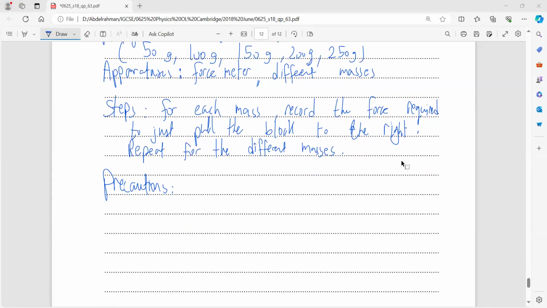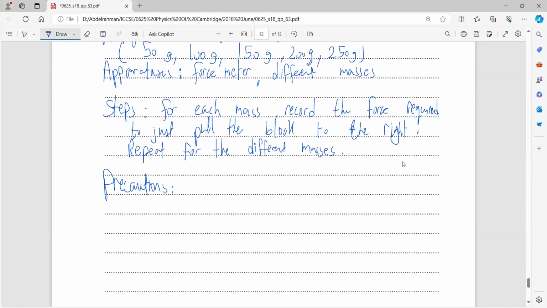Okay, the same surface for the block. For example, if I'm doing this experiment, I have to make sure it's the same table. I will use the same floor, for example, if you're conducting the experiment on the floor. It has to be the same surface. Why? Because one surface could differ from another. This could exert more friction, which would require more force. So I need to use the same surface.